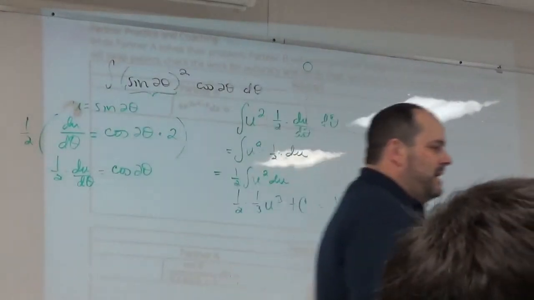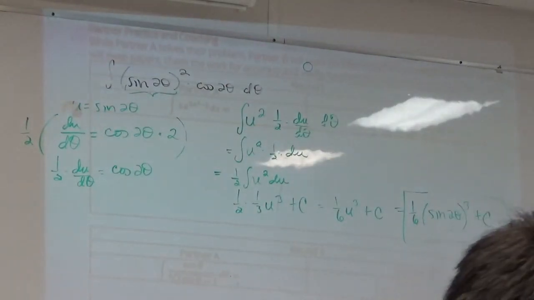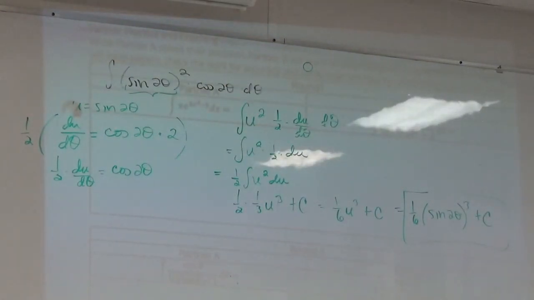Remember, places that baby likes to hide: in the exponent, inside parentheses, in the denominator. These are all good places for that baby to hide.